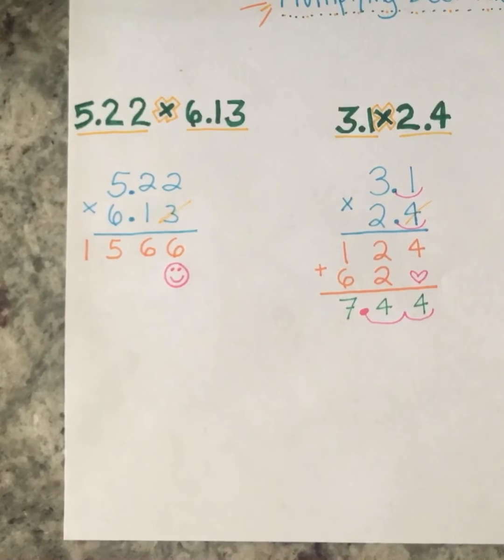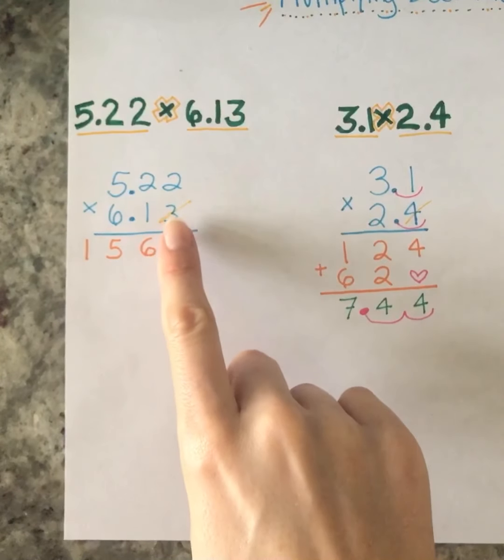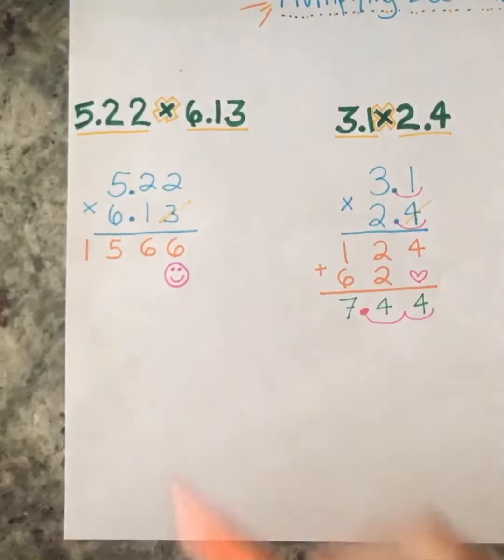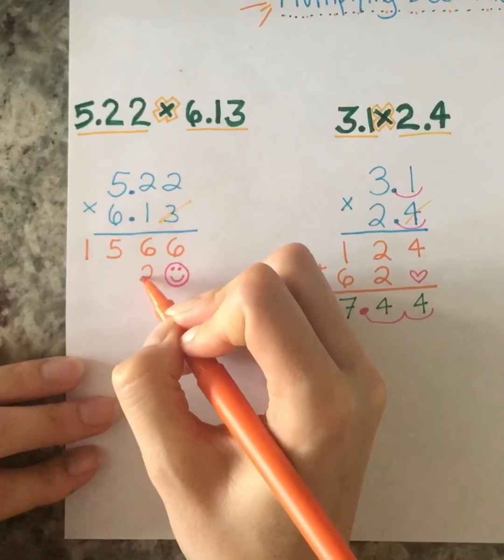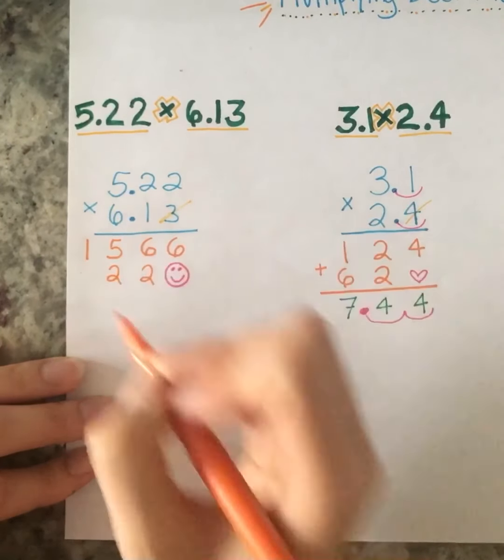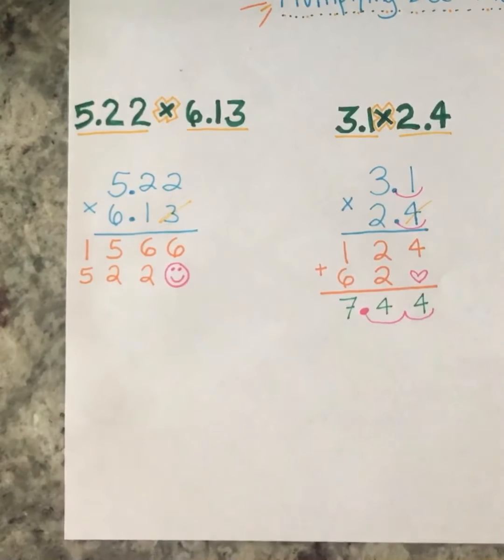Okay. All right, now as we move from right to left, we've already done the 3, and now we're going to take the 1 to multiply. 1 times 2 is 2. 1 times 2 is 2. 1 times 5 is 5. All right, pretty simple there. Uh-oh, we actually are going to have 2 placeholders in this situation.